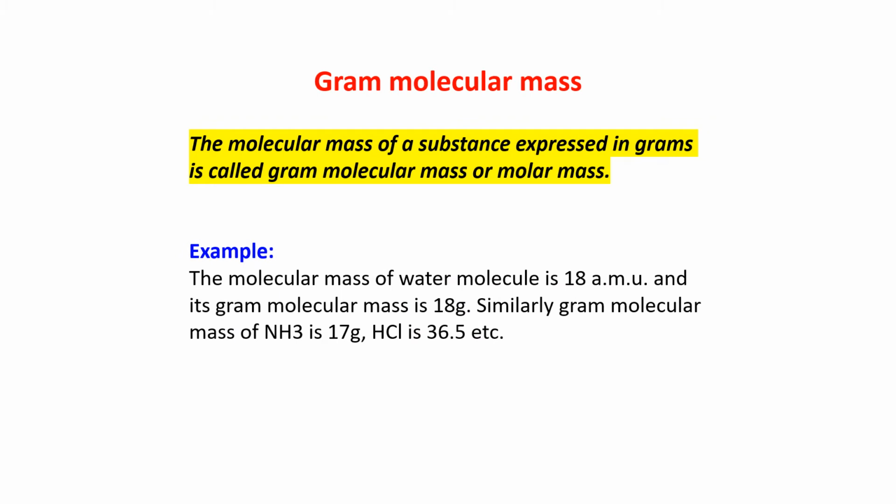In a similar way, gram molecular mass is the molecular mass of a substance expressed in gram. If I want to say the molecular mass of water, what is it? The molecular mass of water is 18 AMU.